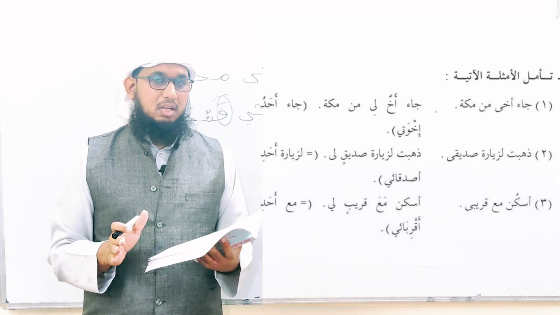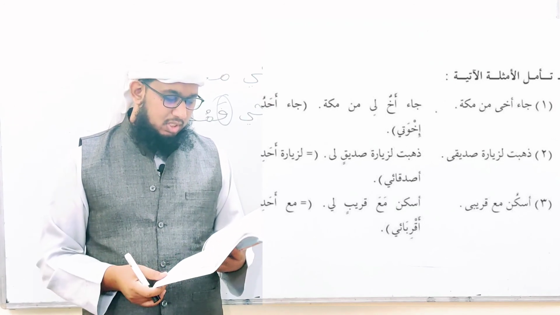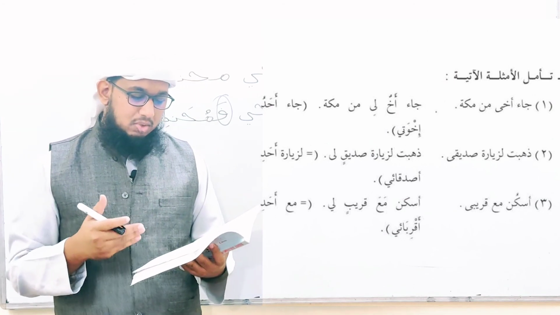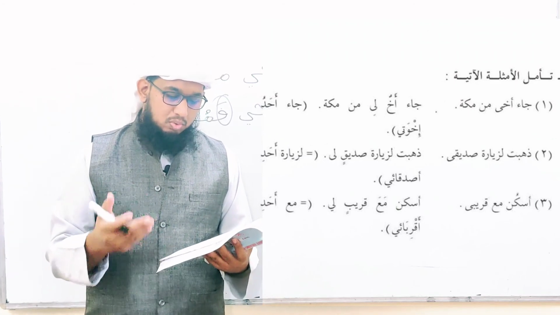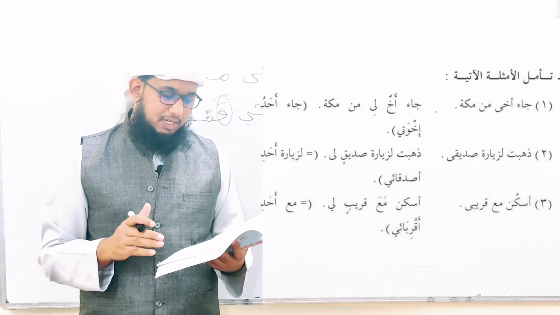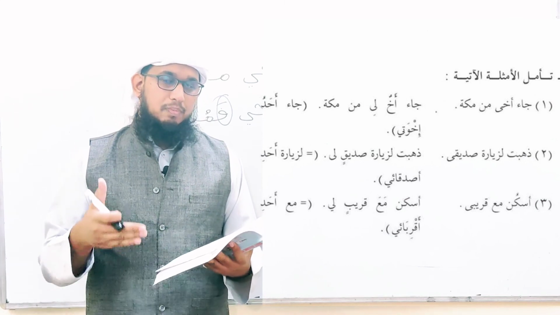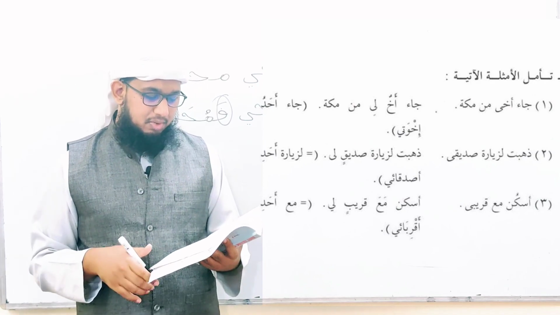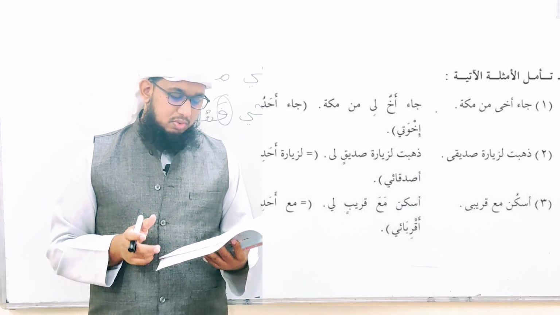It is nakira, not clear which brother, one of my brothers. Ja'a ahadu ikhwati. Zahabtu li ziyarati sadiqi, ذهبت لزيارة صديق لي, I went to visit one of my friends. Okay, so that is how you make ma'rifa and nakira.